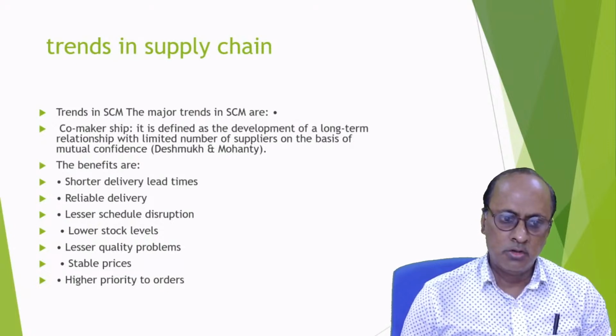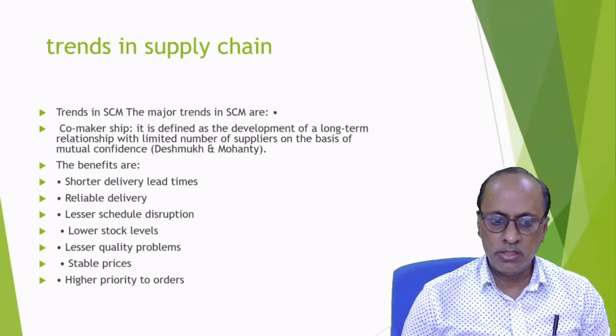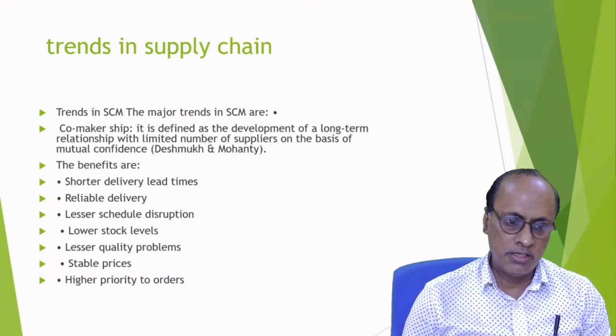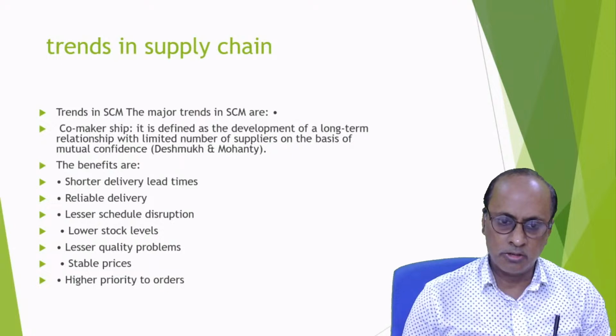So lower stock level, because if the lead time is very short, then materials will come quickly, and mutual confidence will allow the supplier to give good quality products at a reasonable price, and give high priority to the manufacturer's order.